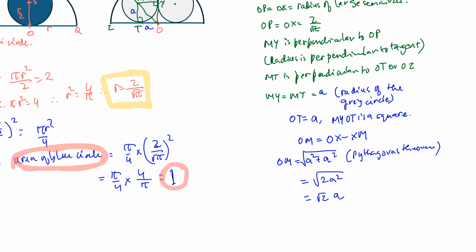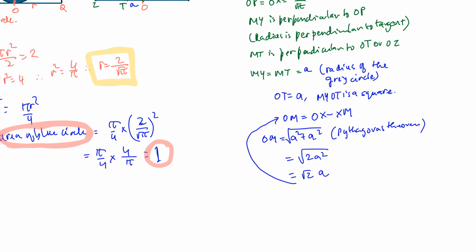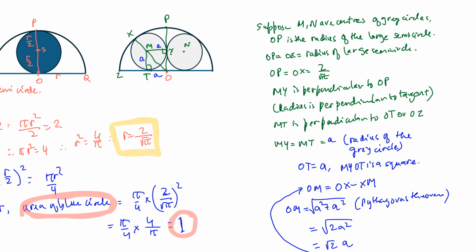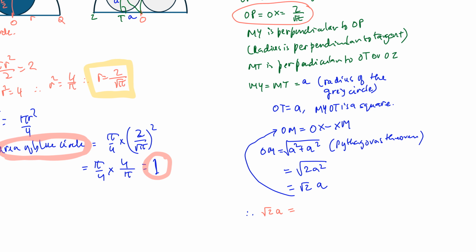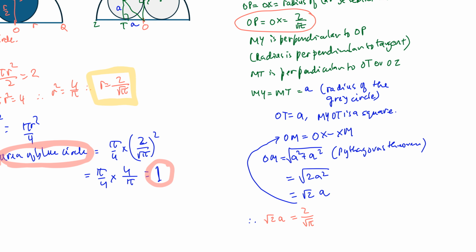Therefore, equating, I can write this in place of OM: root 2 A is equal to OX, which is here, 2 over root pi, minus XM.